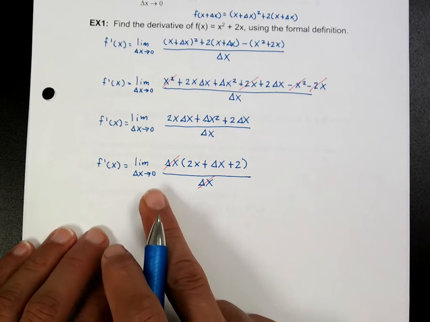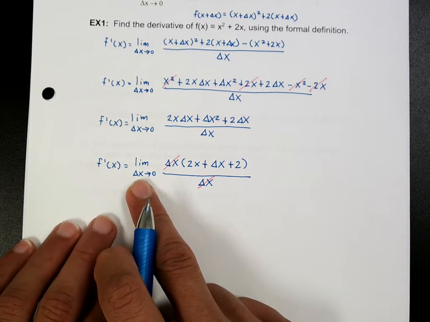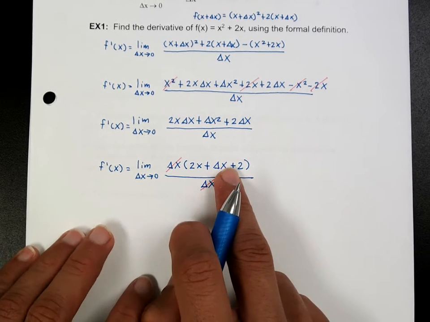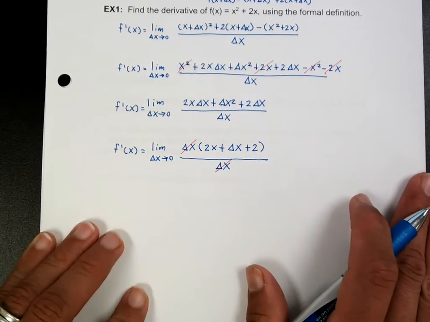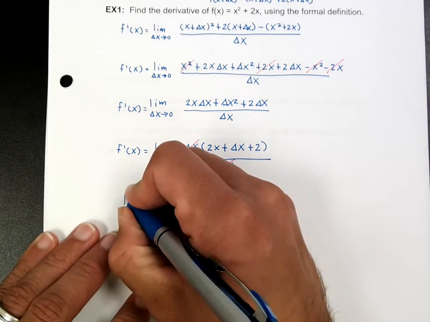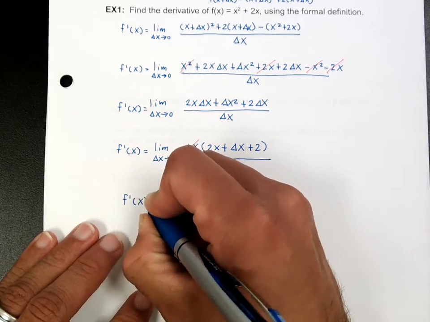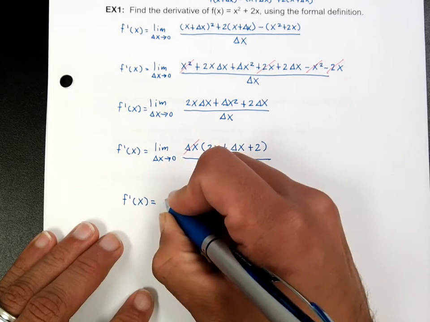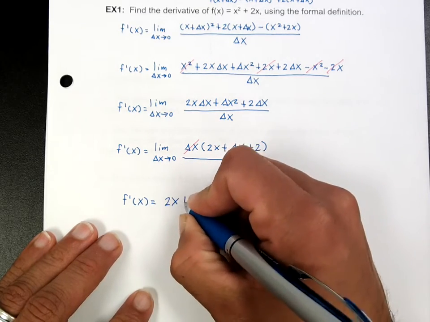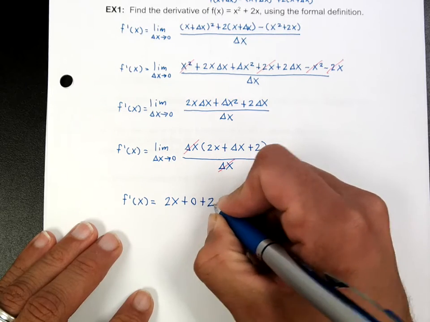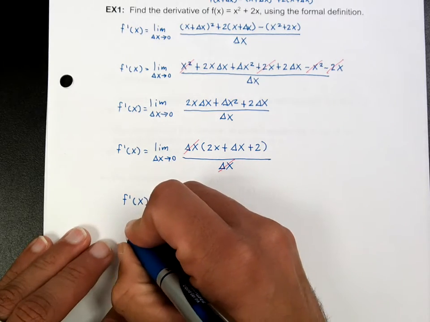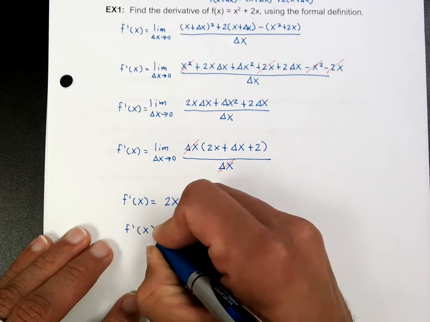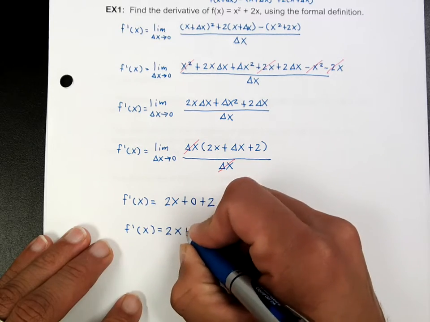And then now I am free to plug in 0 for delta x, and if I do, then I would get that the f prime of x is equal to 2x plus 0 plus 2, right? Which is just 2x plus 2.